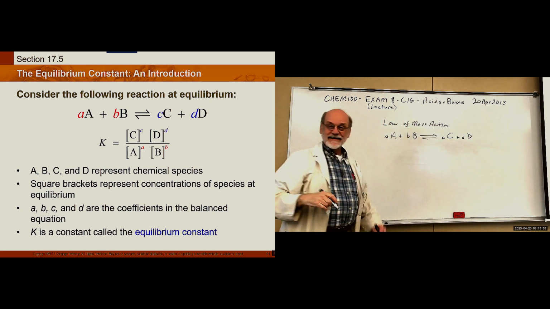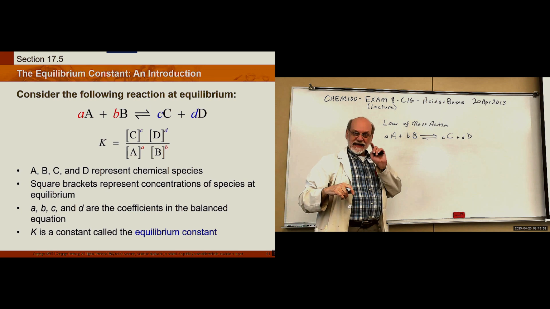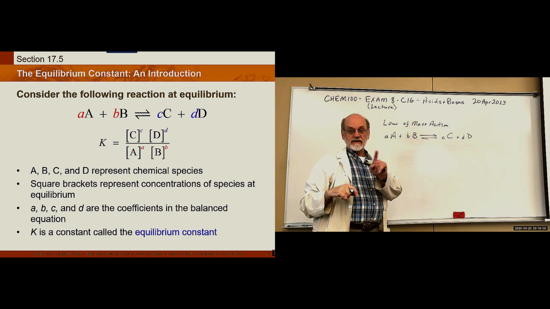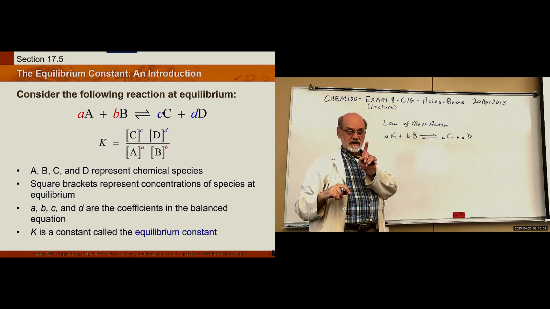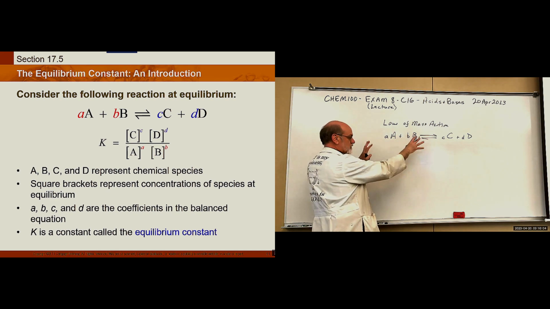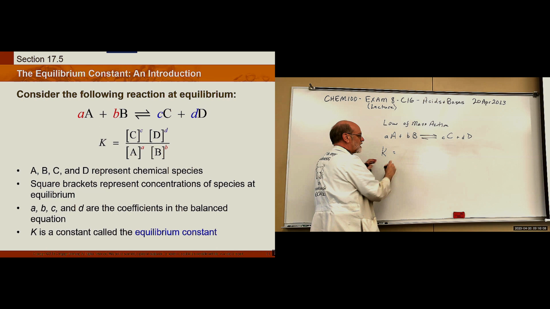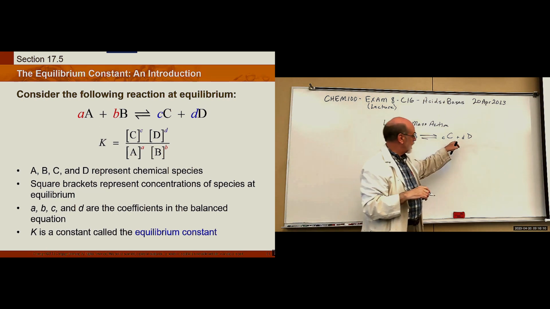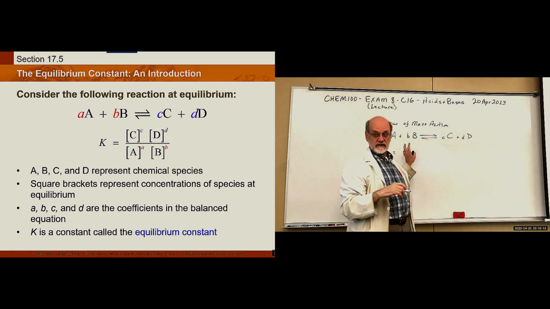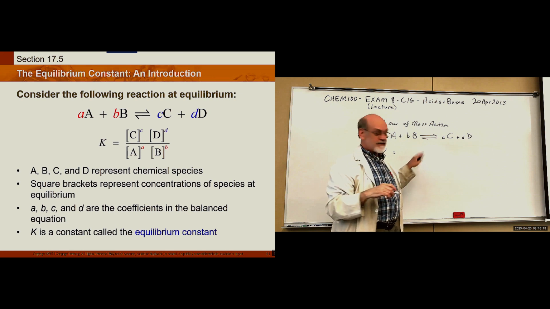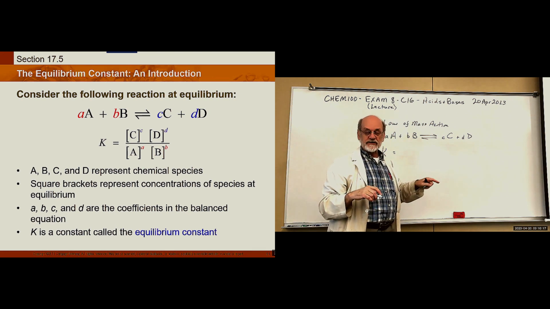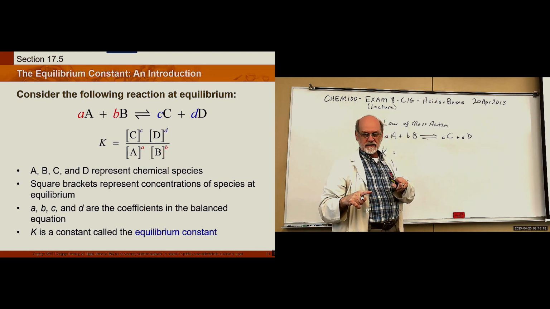At any given temperature, as long as the temperature is constant, then we can write an expression for this reaction in terms of the concentrations of each of the reactants and products. And this value will always be constant for that given temperature.